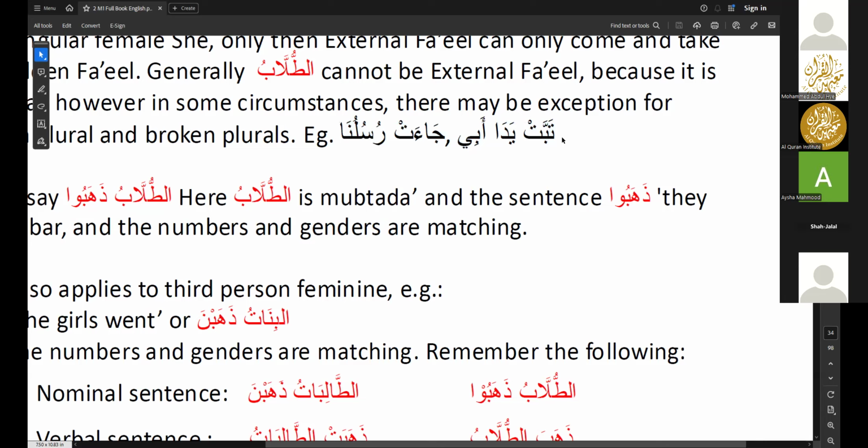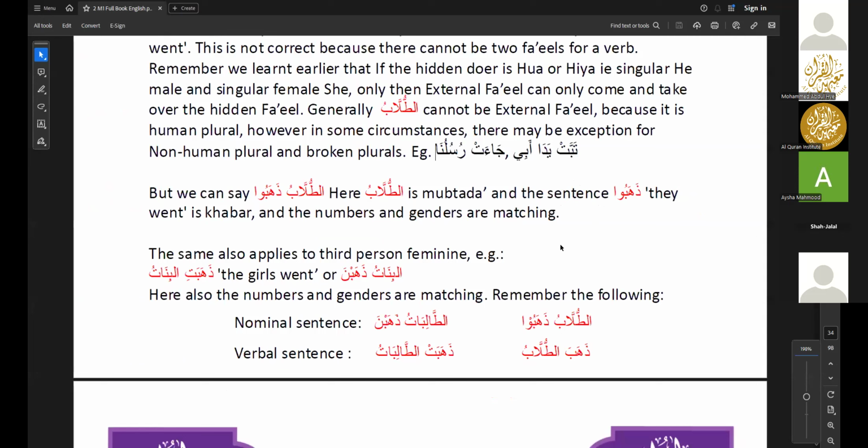Two or three words form a fa'il, and sometimes a mubtada, sometimes a khabar, sometimes a maf'ul together. In that situation, you will not see the dhamma sign I was talking about. So the point I was making: tabbat yada abi lahab.